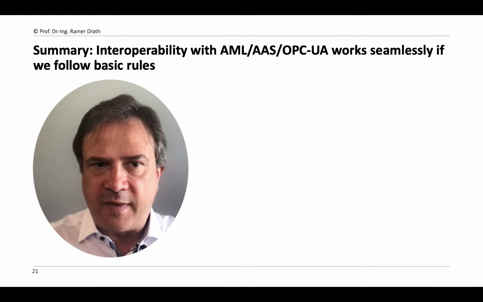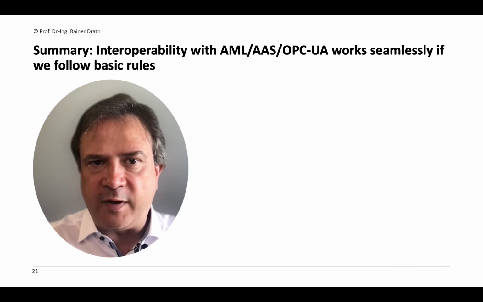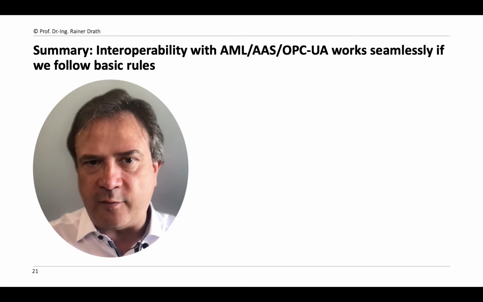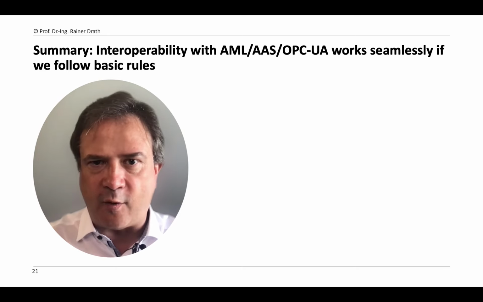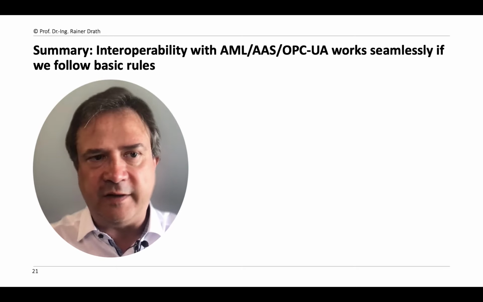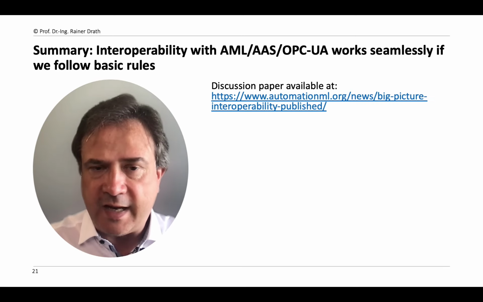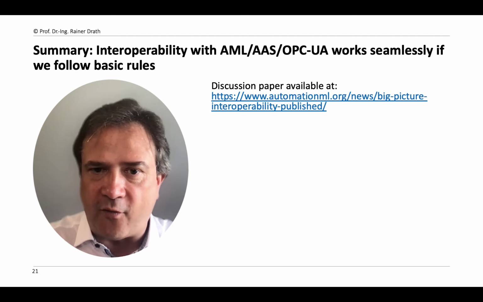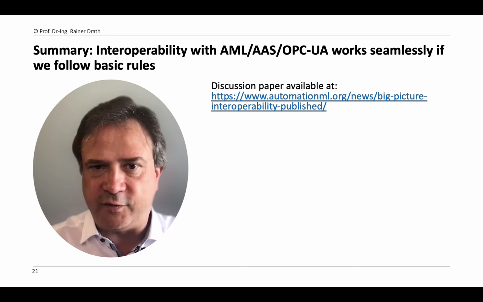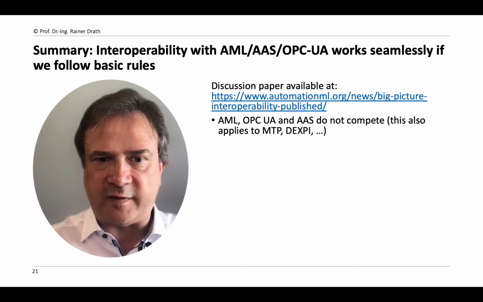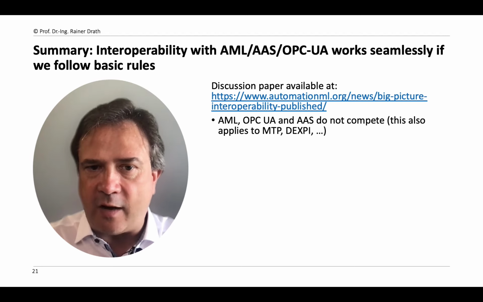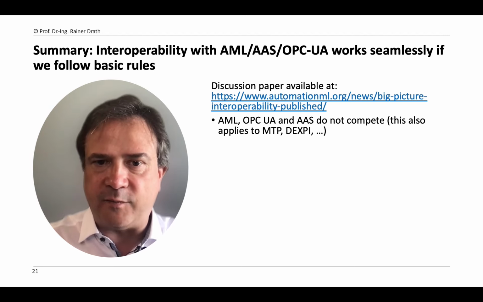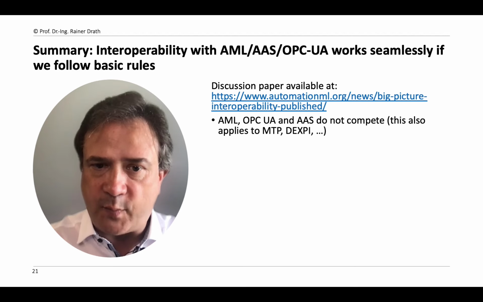So in summary, we believe that the interoperability between AutomationML, Asset Administration Shell and OPC UA works seamlessly if we follow basic rules. The discussion paper is available here on the websites of all of the 4 organizations. This is just an example from the AutomationML website. We think AutomationML, OPC UA and the Asset Administration Shell do not compete.